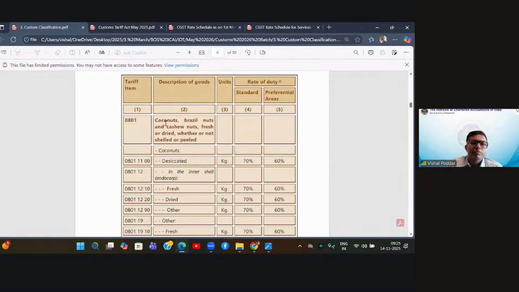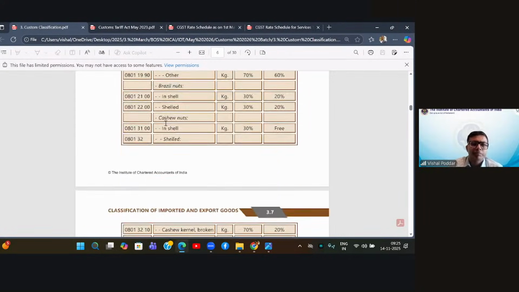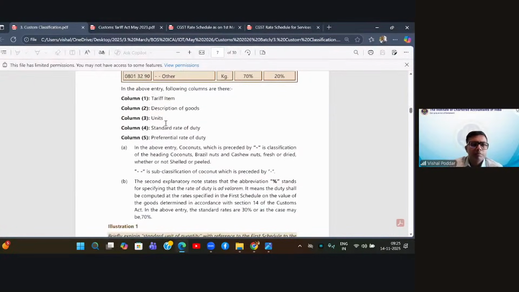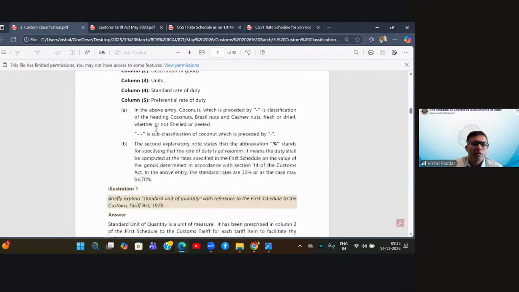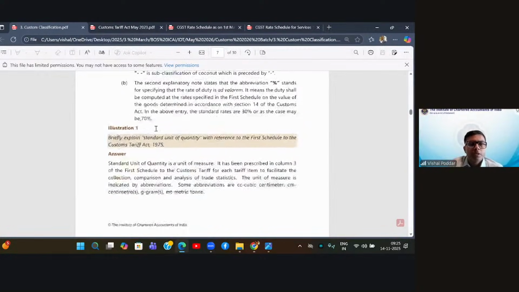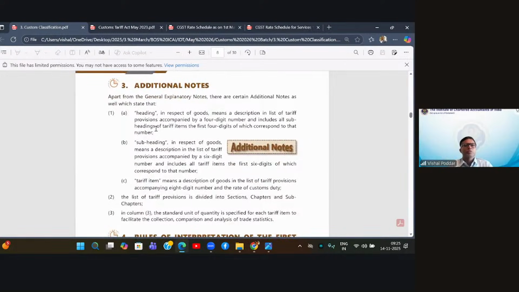See, something like this is your chapter 8 of Customs Tariff Act. You can see dashes. These are the 5 columns which we have already discussed in the previous chapter also. Fine. Now, as we saw, there are multiple notes.